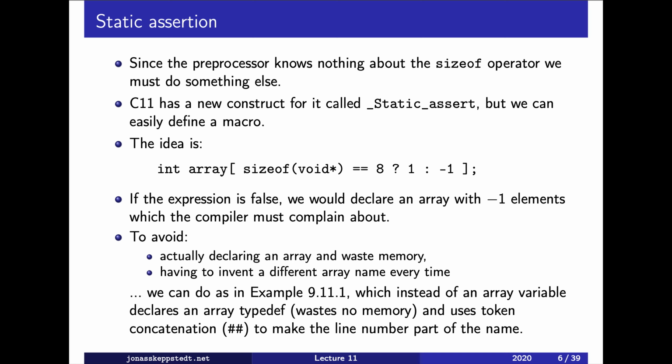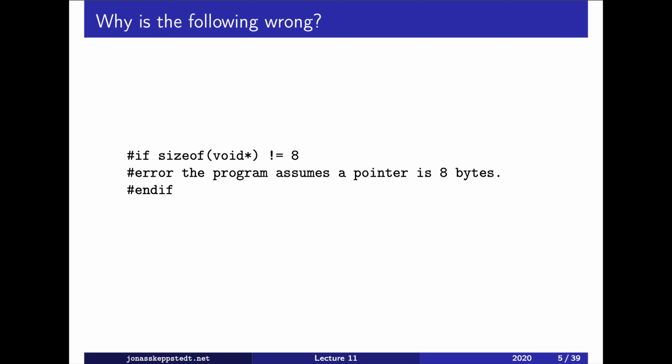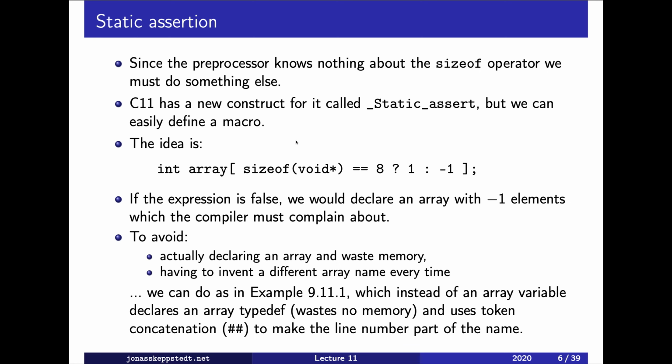In C11, a new keyword called static assert was introduced that can be used to achieve this. Okay, and the compiler will see that something doesn't hold, and the compilation will fail. But if we don't have a C11 compiler, we can do this manually, so to speak.